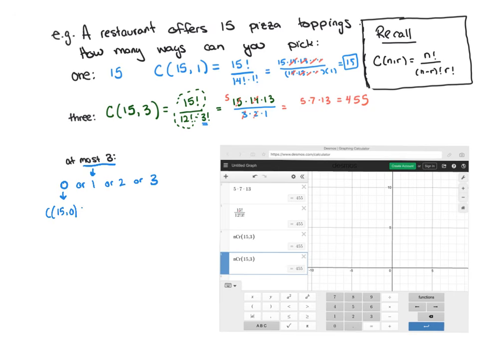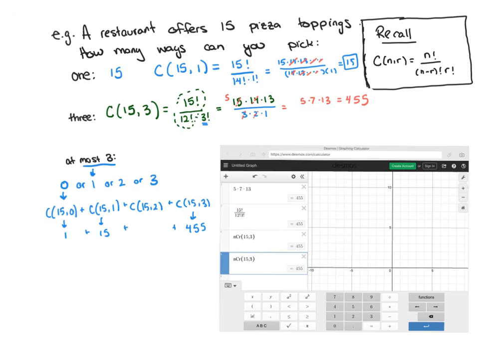There's just one way to do that. Don't choose anything. C15 1, we already saw. That was 15. C15 2, we need to calculate. And then C15 3, we just saw, was 455.